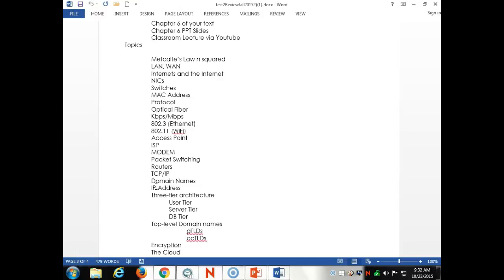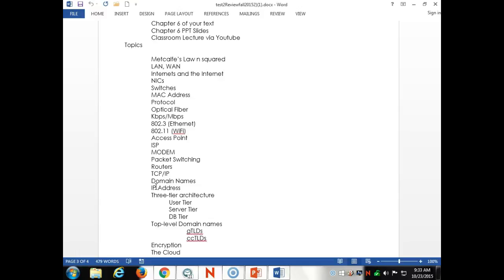Domain names have an aspect called the top-level domain name. If I were to reserve miko.com, the .com is the top-level domain name, okay? There are generic top-level domain names like .com, .org, .edu, .net, .gov, .mil.